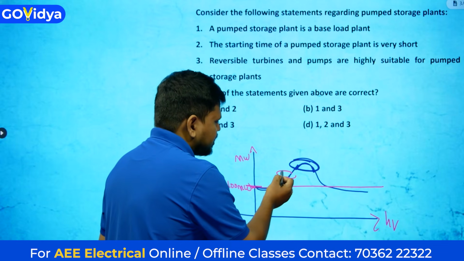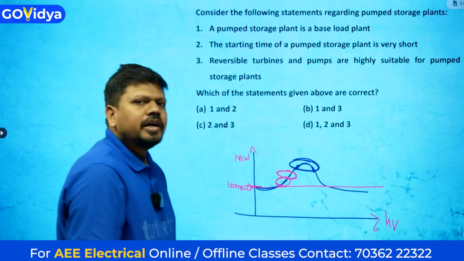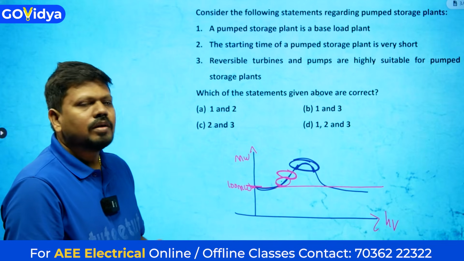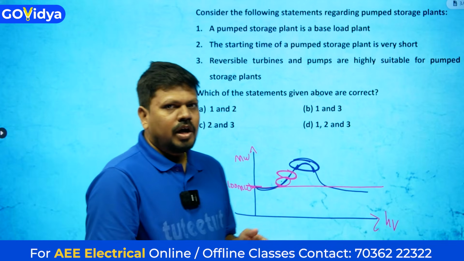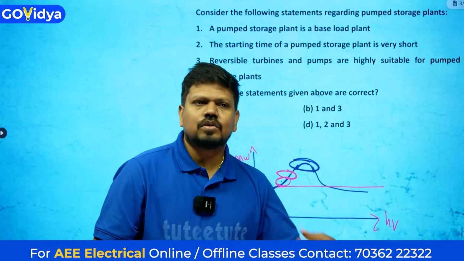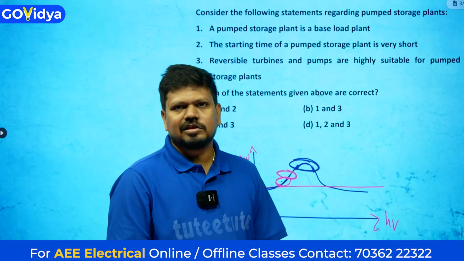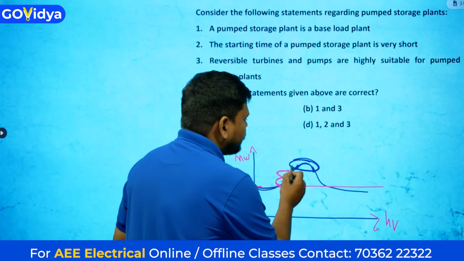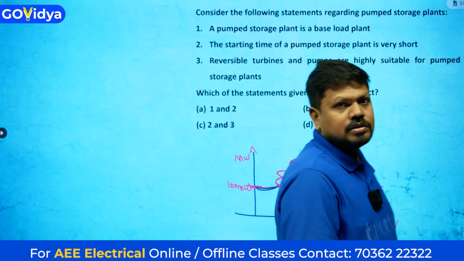When it increases more, we use hydroelectric power plants, but not pumped storage plants. Hydroelectric power plants with a big dam release water to the next power plant, and after that only will we use pumped storage plants.